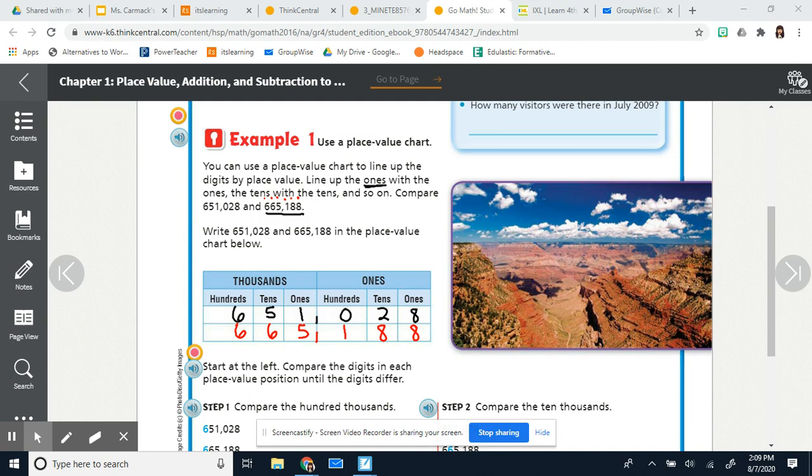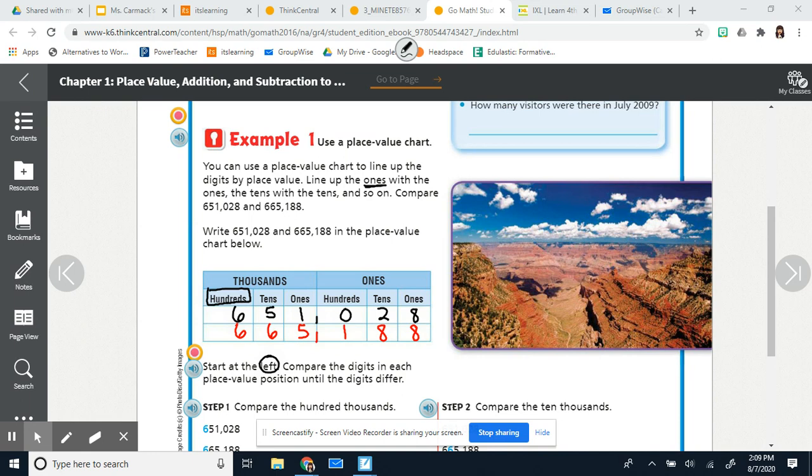where all my digits are, we're going to see which one is larger. We're going to start at the left, okay? Which is right here. We're starting in the 100,000s place. We're going to compare the 100,000s. Well, we have a 6 and a 6, so that's the same.